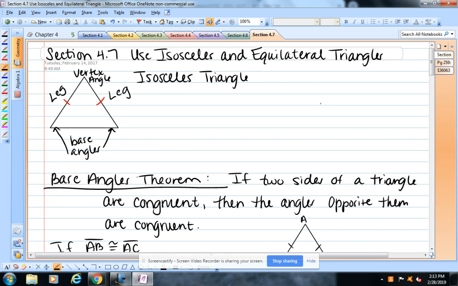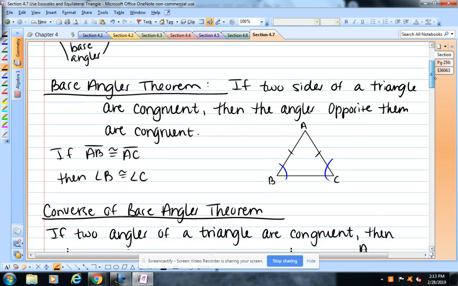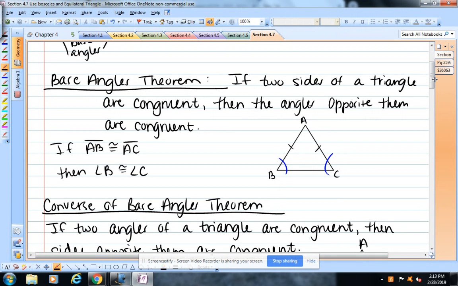Okay, so we got some theorems about isosceles triangles. Very back of that handout, if you still have it, hopefully. And you can mark these. The first one is the base angles theorem. These are nice little theorems that tell us some things are congruent to each other. So the base angles theorem says if two sides of a triangle are congruent, which makes it an isosceles triangle, then the base angles are congruent.